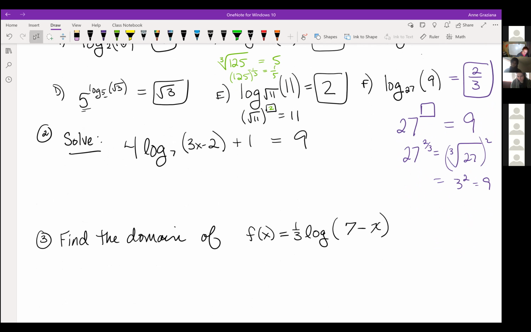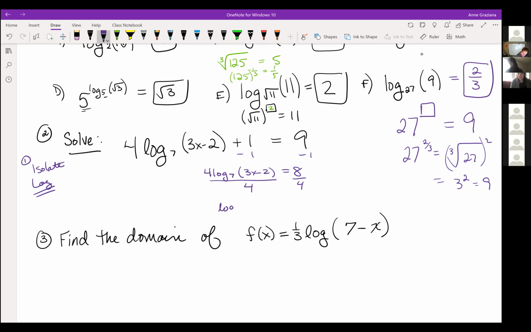All right, for number 2, you have to isolate the log. That is the first thing to do. Okay, so that means I should subtract 1, and I get 4 log base 7 of 3x minus 2 is equal to 8. And then we have to divide by 4.